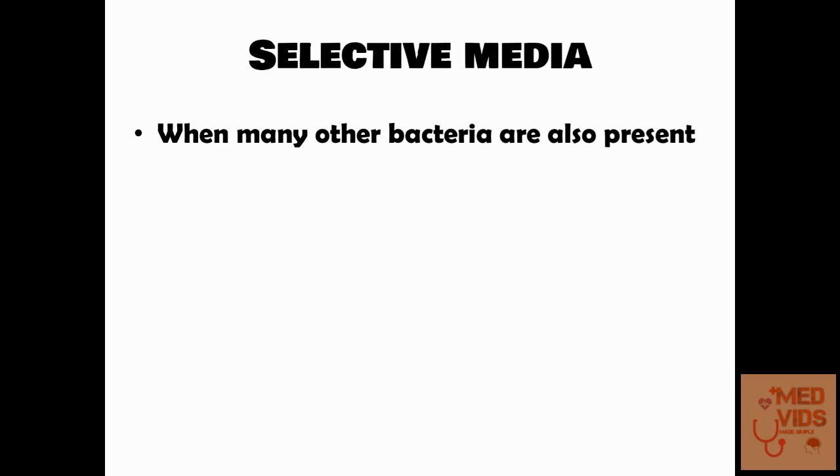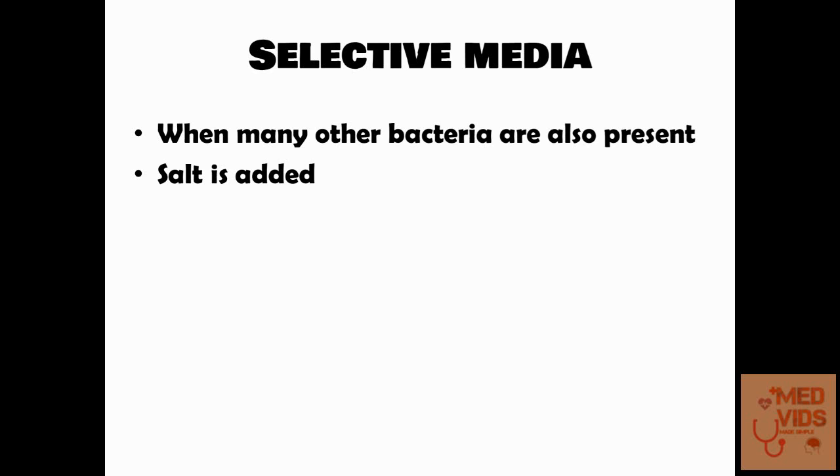Now this is the really important topic: selective culture media for Staphylococcus aureus. This is really important when the sample obtained from a patient has many other bacteria in addition to Staphylococcus aureus. In this condition, there will be so many bacteria which will cause confusion in the diagnosis. What we're basically trying to do in the highly selective media is add salt, which is sodium chloride.